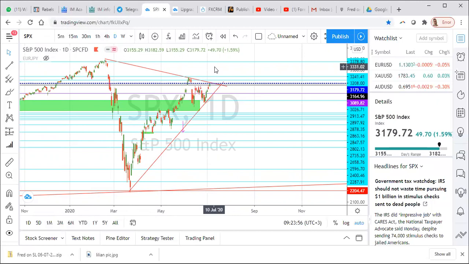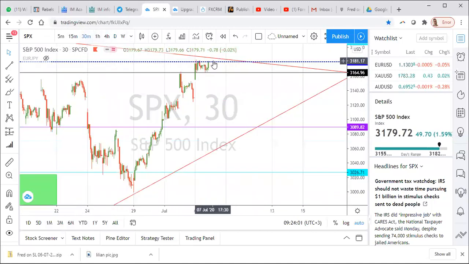It could also just bounce off over there, bounce off the high.